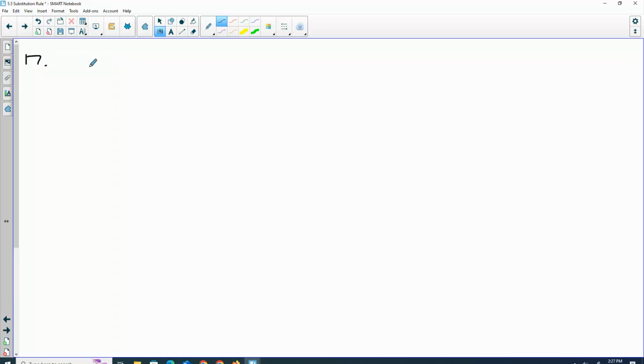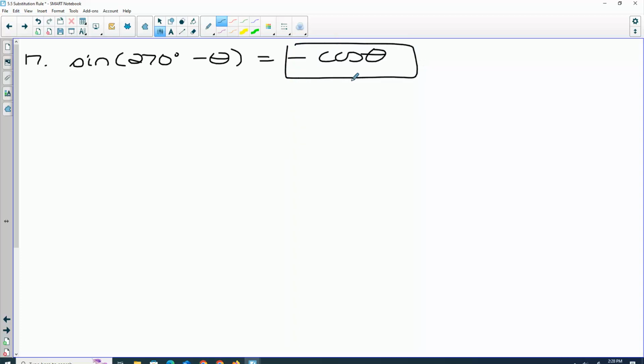Problem 17. So I'm assuming everybody boxed in the right. Hoping nobody tried looking left on that one. So here we use the sine sum and difference formulas, all given to you on your formula sheet.